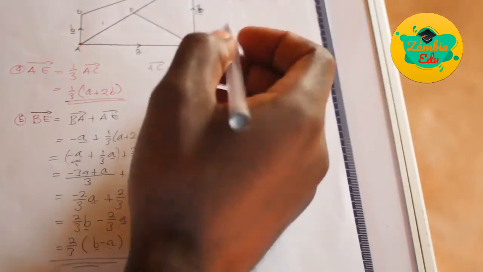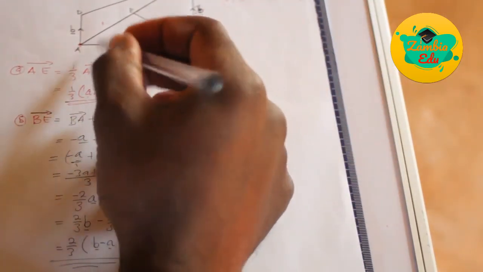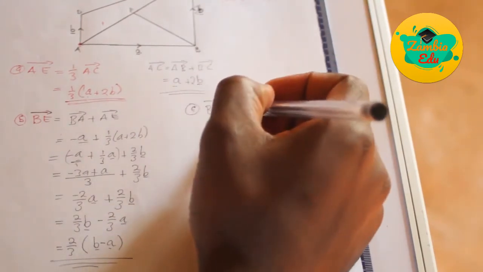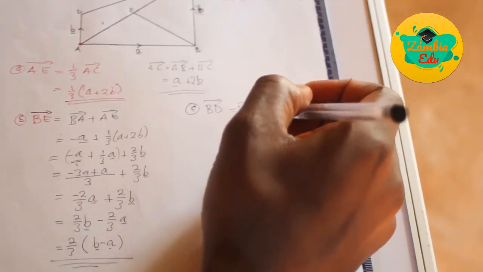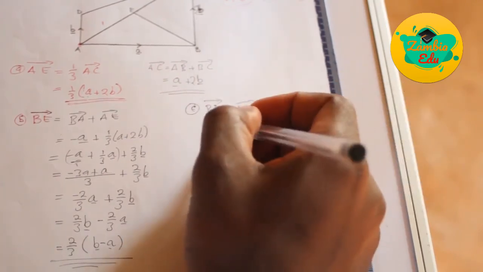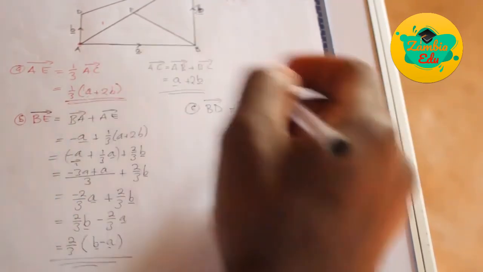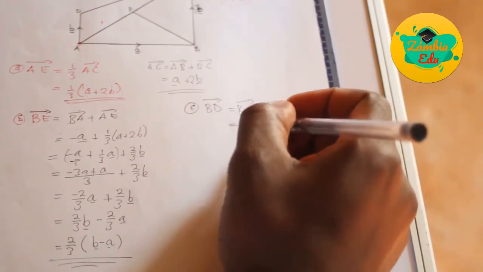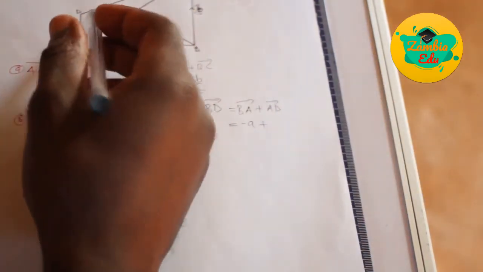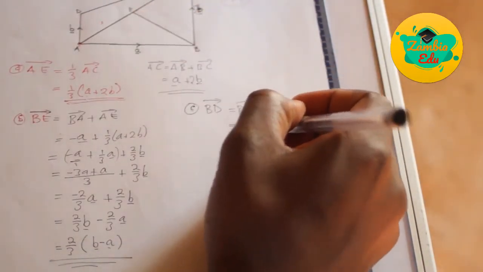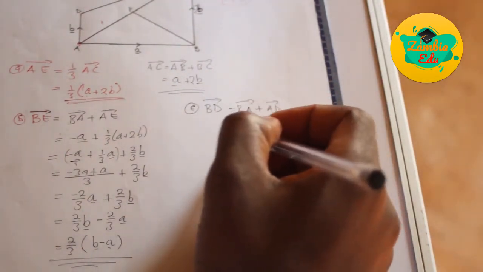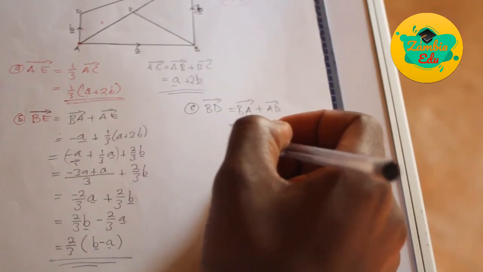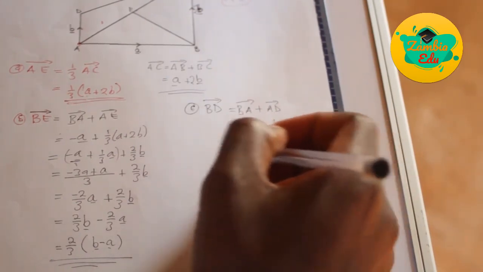So BD, we are going to take which route? The known route, which is this one. We are going to say BA plus AD, which is going to be equal to, what's our BA? Our BA is negative A plus our B there.